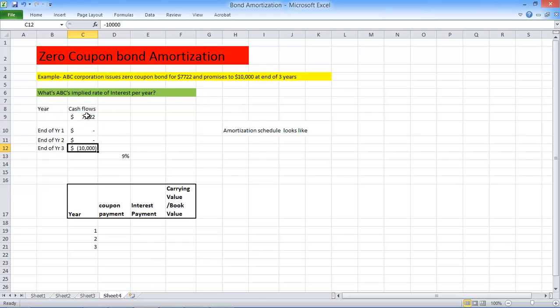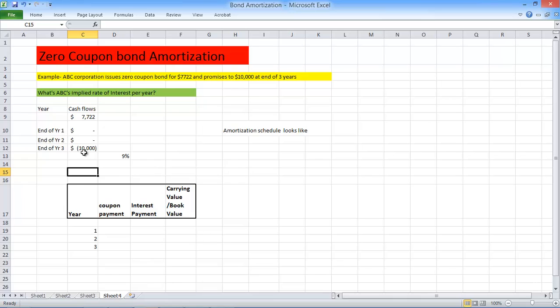So in their books, they're gonna have a cash inflow, which is 7,722. The cash inflow is positive, okay? At year one and year two they don't pay anything, but at the end of year three, they have to pay $10,000 back, right?